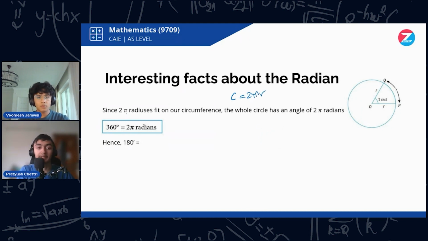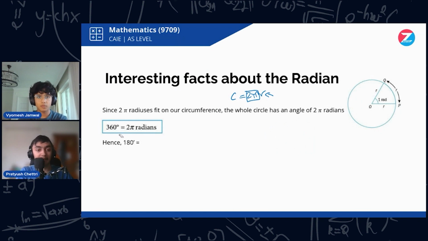And since 2 pi radiuses fit on our circumference, if you take the arc length all the way around the whole circle, that is equal to the angle: 360 degrees is equal to 2 pi radians. I'm not sure if that is very clear, but it'll be more understood as we move on.